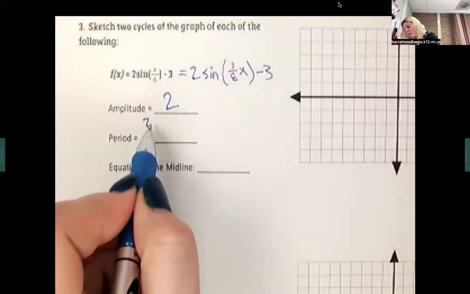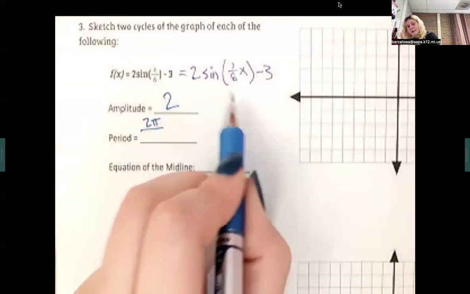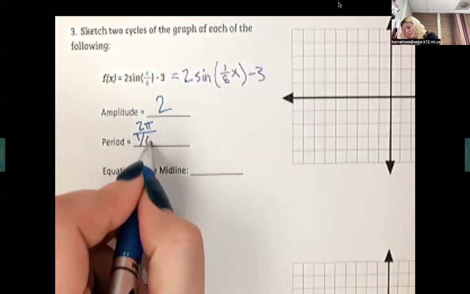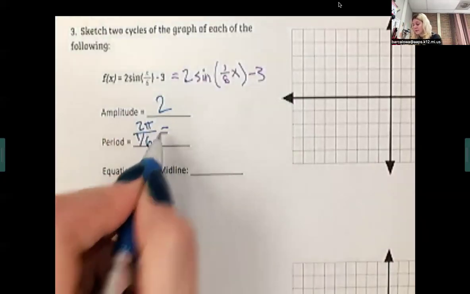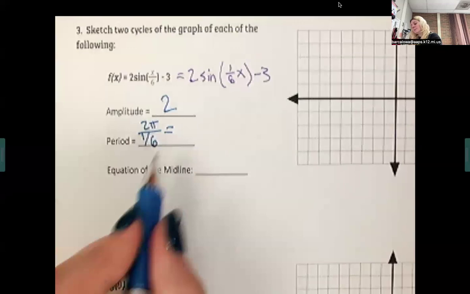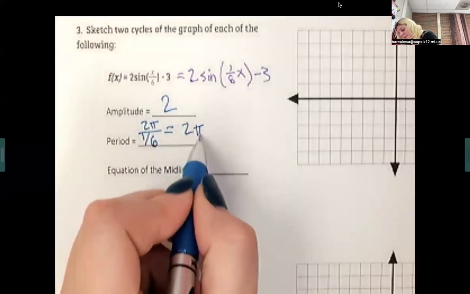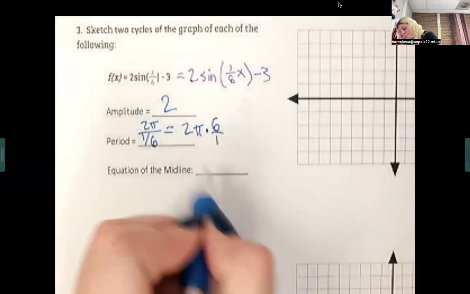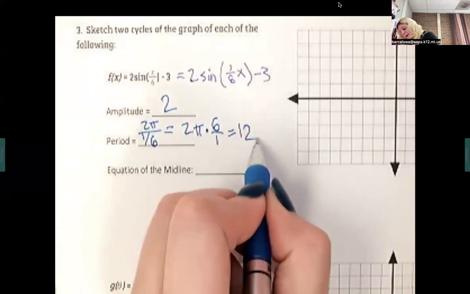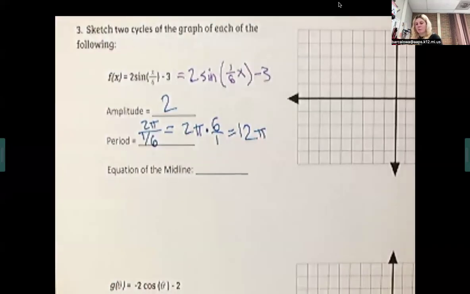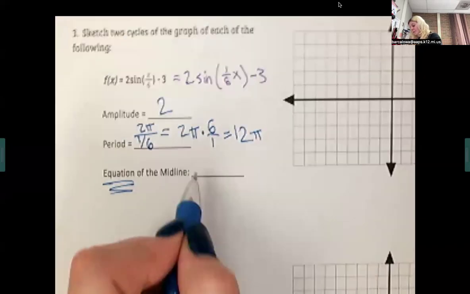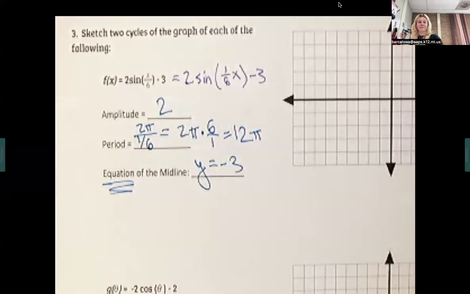Period is 2 pi over b. So 2 pi divided by 1/6. See, I'm going kind of fast. That's why I was saying try these out on your own first. Okay, keep change flip. 2 pi times 6 over 1. That'd be 12 pi. And the equation of my midline, y equals -3.